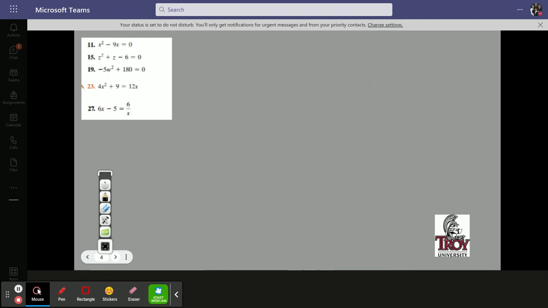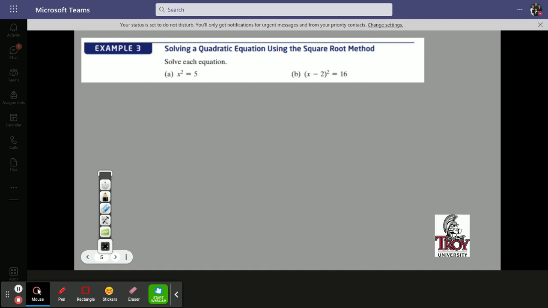Okay, so we're going to talk about the square root method. Okay? If I have x squared equals 5, why do we call it the square root? Because I take the square root of both sides, right?